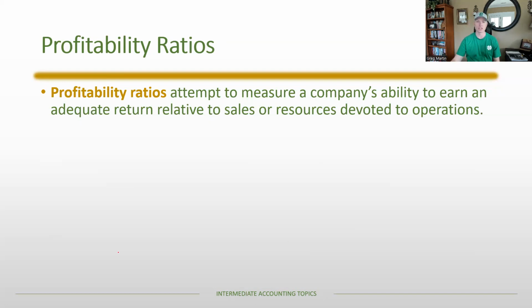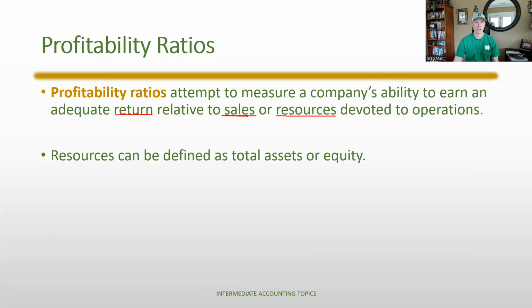So most of the time it's going to be relative to sales or some sort of measure of resources. And so we're going to kind of cover both of those. But again, your whole idea is, are you able to efficiently generate return, your bottom line income, based on some level of sales or some level of resources? And it gives you an idea of, if we grow the company, how much more is going to go to the bottom line. Resources, most often are going to be defined as total assets or total equity.